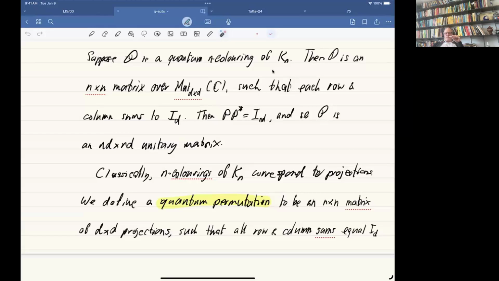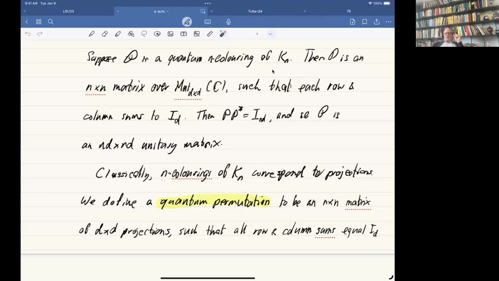There's no way to assign a value to phi of a vertex. Technically you're dealing with relations; you can compose relations and everything works. So it's just a warning from time to time. If things get confusing, you may have to remind yourself, this is a quantum homomorphism, it's not a function.